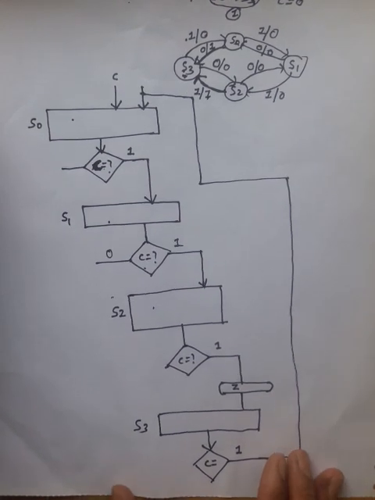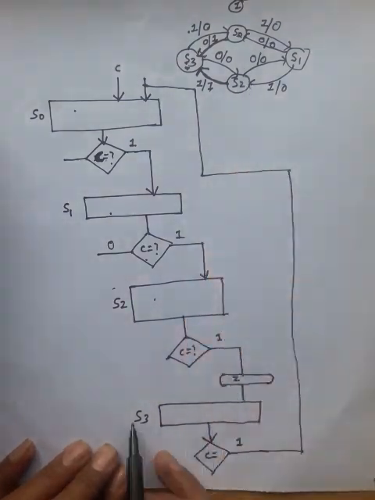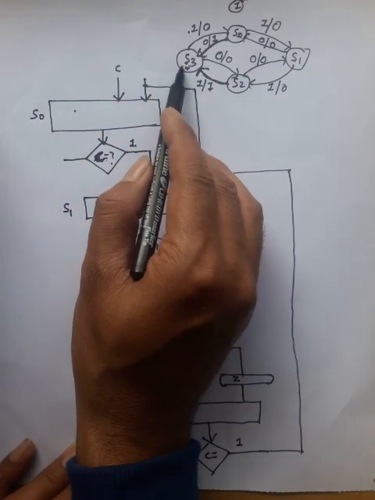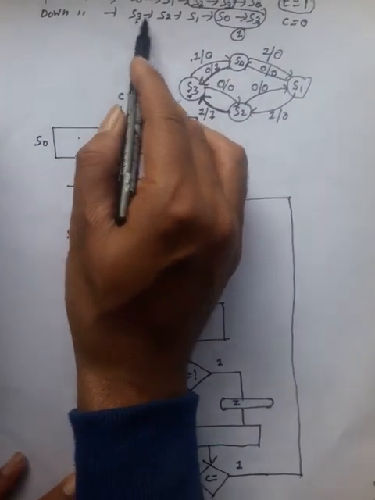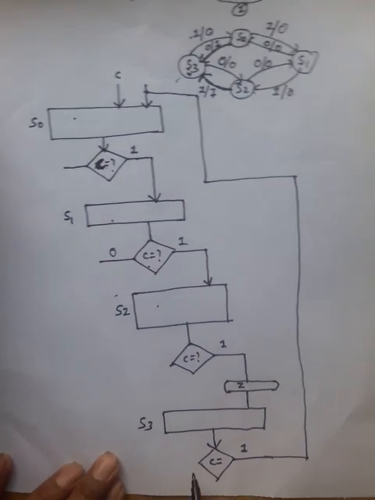Now check for C equal to 0. When C equal to 0, start from S3. S3 goes to S2 when value is 0.